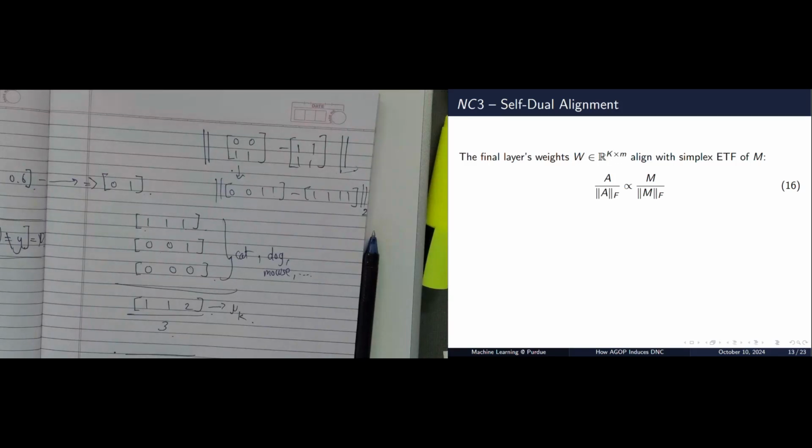It says that the final layer's weights align with the simplex ETF of M. So we got the simplex ETF of M previously, and if we compute M over the Frobenius norm, just normalizing it again, times A, which is supposed to be W, sorry about that, we say that this is proportional to the simplex ETF. So it itself is imbibing the structure of the simplex ETF as part of training.